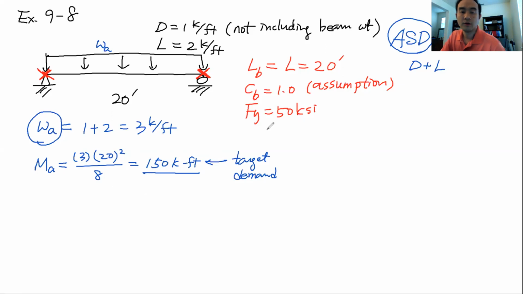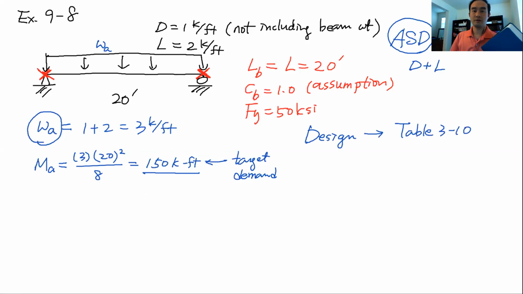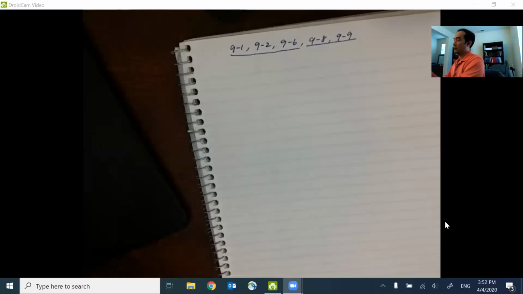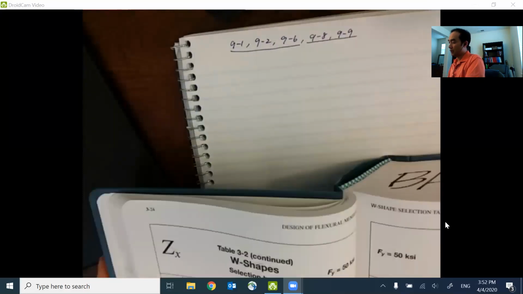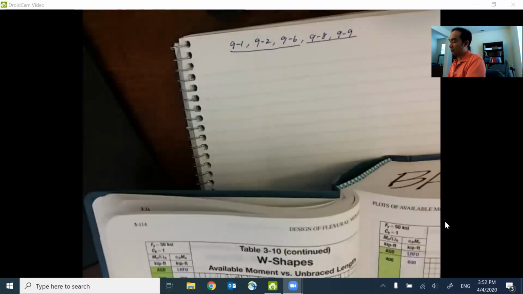Okay, so for the design problem, we are going to use Table 3-10. I'm going to show you how to use this. Table 3-10 in your steel manual looks something like this.